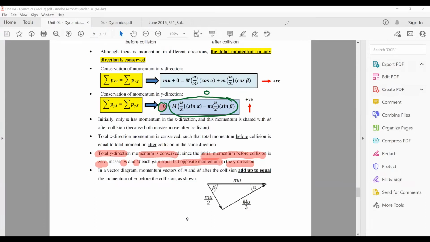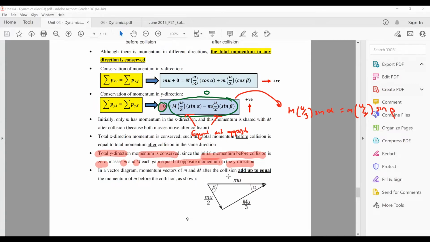The only way that this total will be 0 is if this is equal and opposite. From this equation here, you can very easily see that mu over 3 sine alpha is equal to mu over 2 sine beta, therefore equal and opposite.